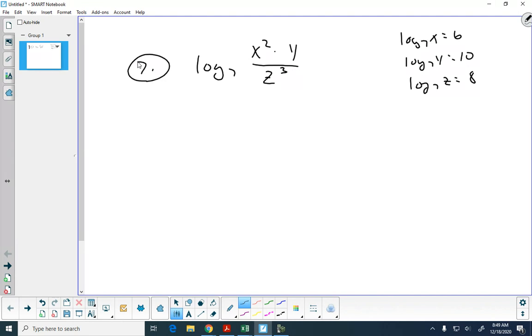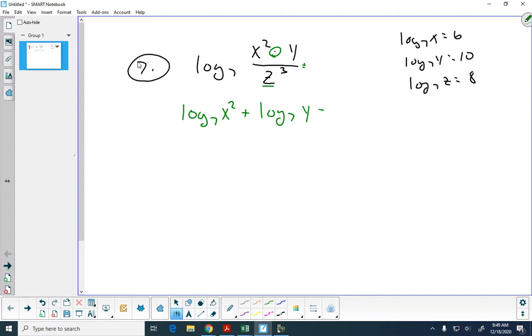First thing we need to do is expand this out into their own separate logarithms. When things are being multiplied together, they're going to be added together. And when you have division, you have subtraction. So if we take a look at the top, this gives us the log base 7 of x squared plus the log base 7 of y, because we have multiplication there. Then we have divided by the z cubed.